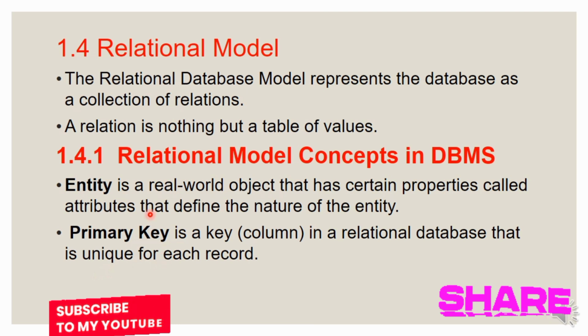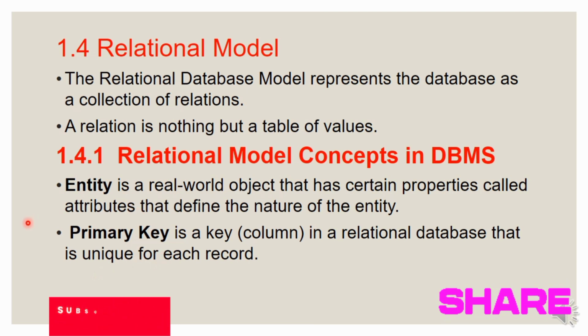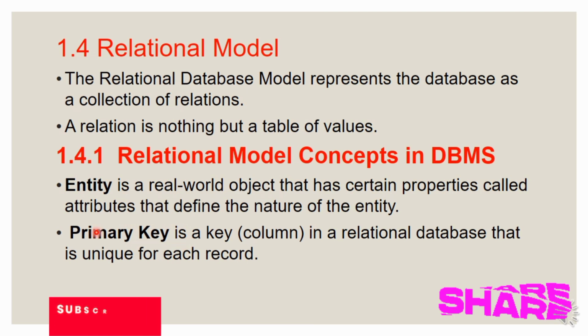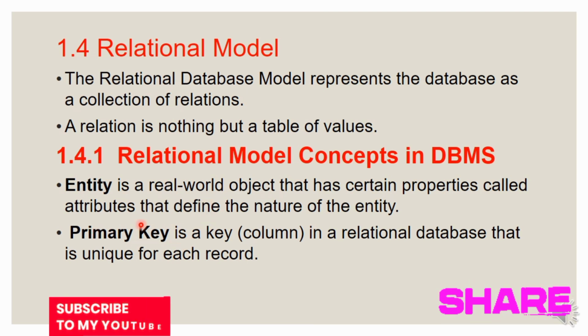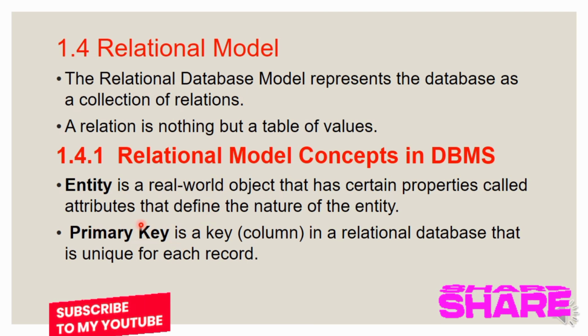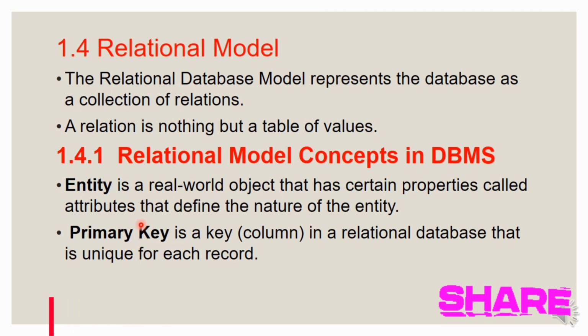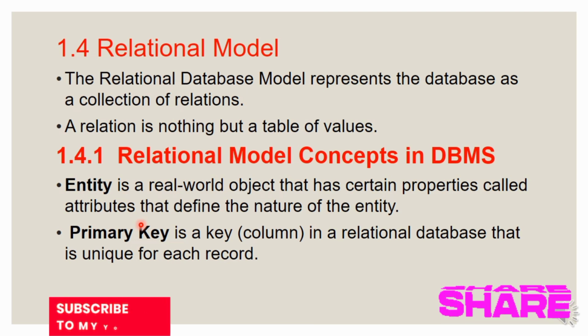In a database management system, every relation must have a primary key. A primary key is a column or a group of columns which uniquely identifies each record. So the primary key is used to identify one table record from the other records.